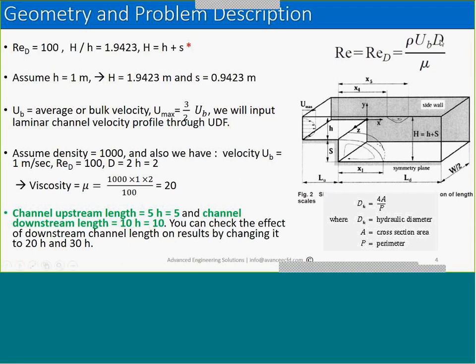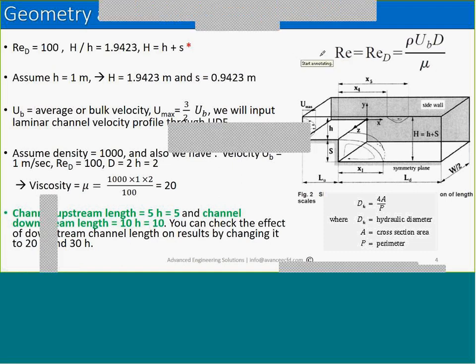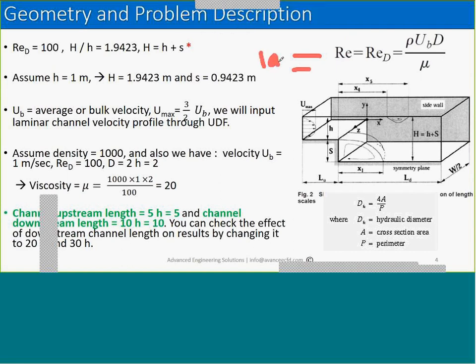For pipe flows, the diameter is taken instead of the length. The value we chose for the Reynolds number is 100, so just keep in mind this thing. So let's assume the velocity is equal to 1000. The Reynolds number is already fixed, and this is also fixed.